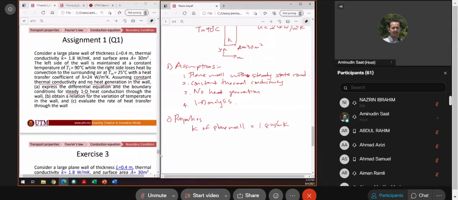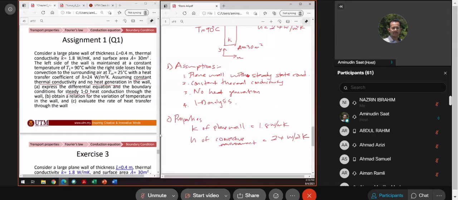I think there is another value, h of the convective environment, 24 watt per meter squared Kelvin.